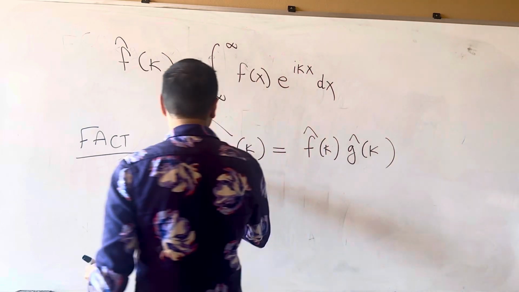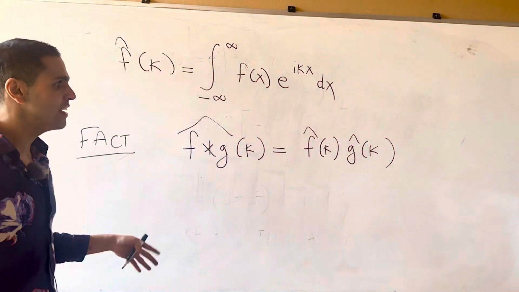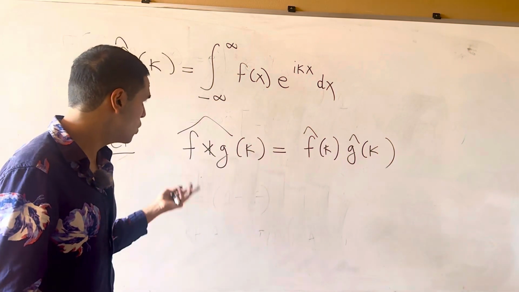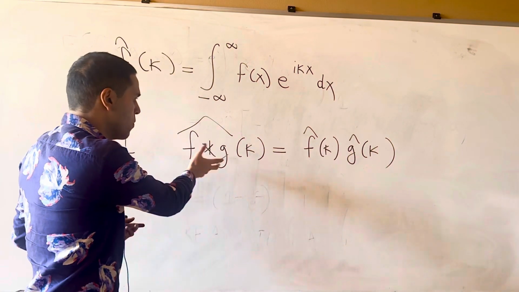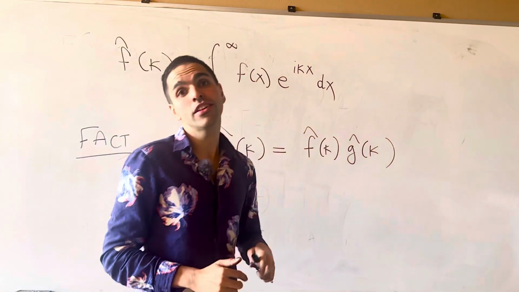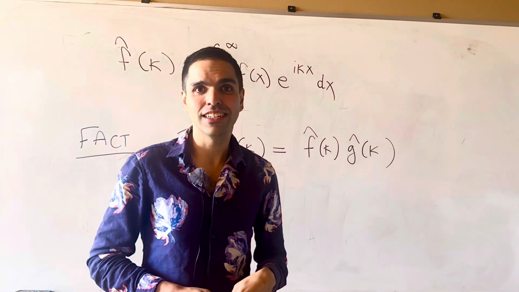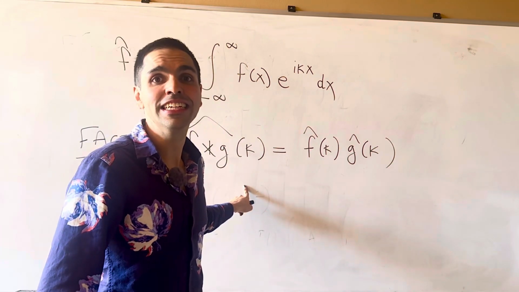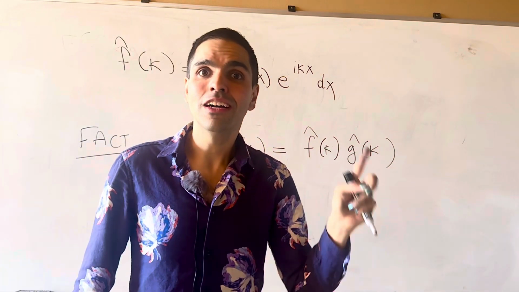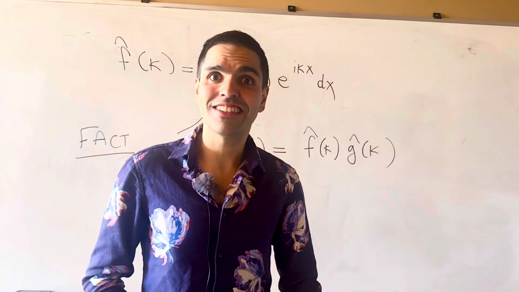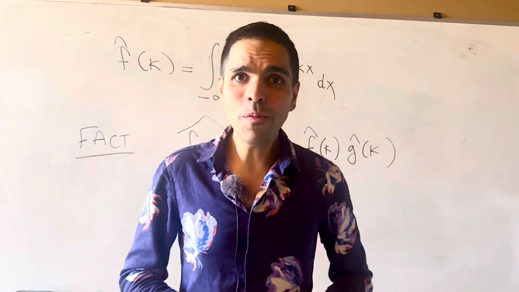So once again, f star g hat is the same thing as f hat times g hat. So the Fourier transform of this sort of multiplication actually becomes multiplication in this frequency space. And in fact, this will be the key that will help us solve the heat equation and that will help us get unstuck.